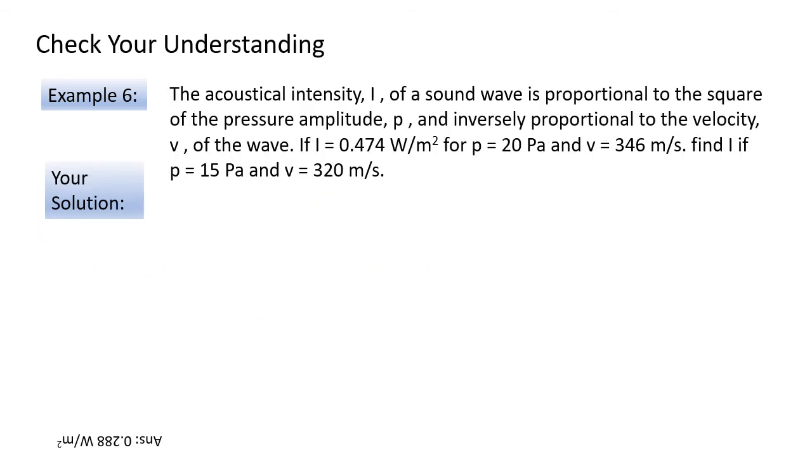Okay, for our last example, I'm going to bring all of the concepts together. The acoustical intensity I of a sound wave is proportional to the square of the pressure amplitude P and inversely proportional to the velocity V of the wave. If I equals 0.474 watts per meter squared for a pressure of 20 pascals and velocity of 346 meters per second, find I if the pressure is 15 pascals and velocity is 320 meters per second.